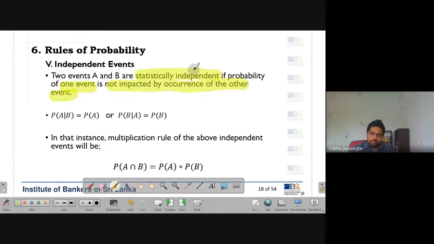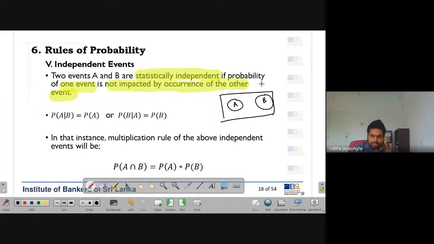Independence means one event has absolutely no impact on the other event. That means, in that case, you may not see any commonality between these two events. Why? They are independent. Something like this: A is sitting here, B is sitting here, no dependency or no commonality.